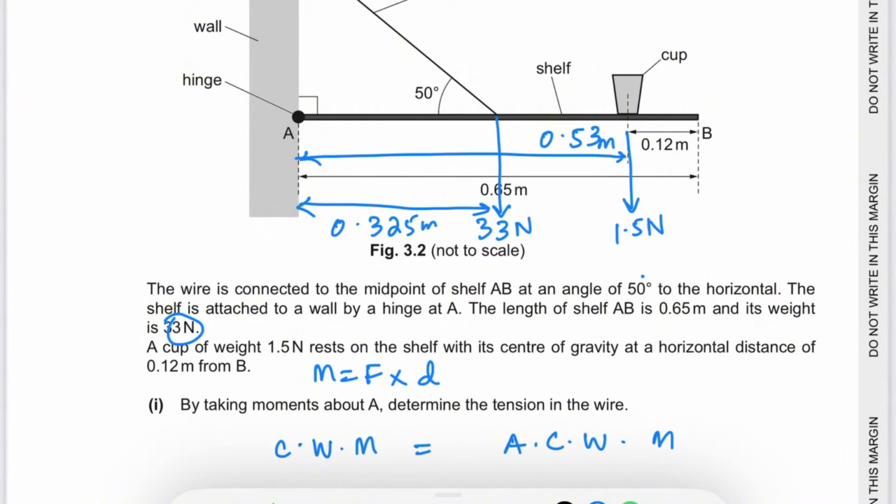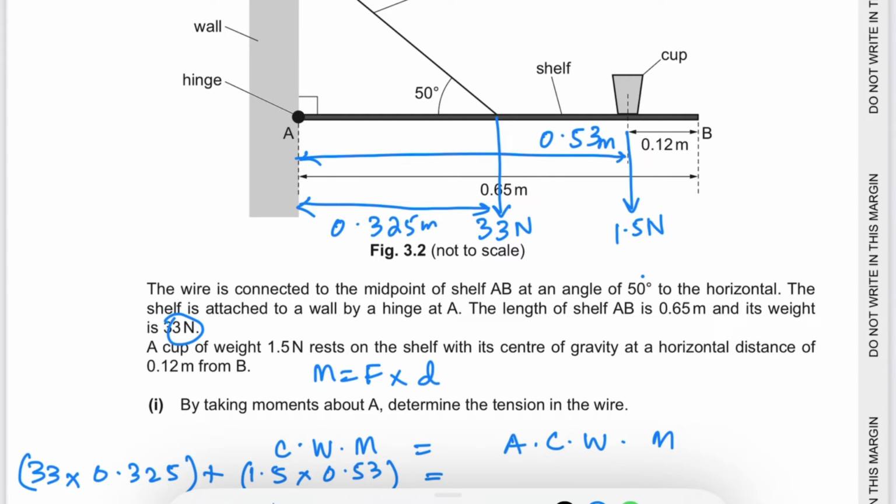So for the weight of the shelf, which acts in the clockwise direction, that is 33 newtons times its distance from the pivot, which is 0.325, and to that you will add the second moment in the clockwise direction, which is due to the weight of the cup, which is 1.5 times 0.53 meters, and this should be equal to the anti-clockwise moment.